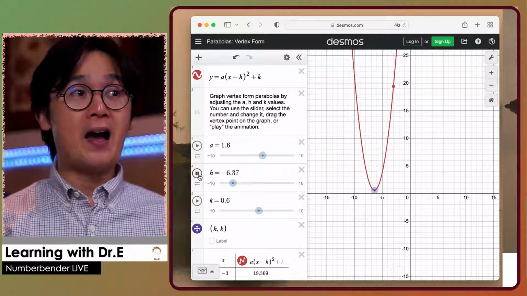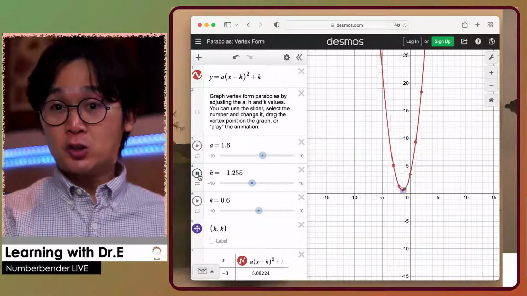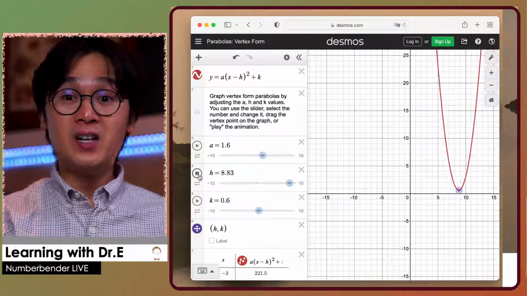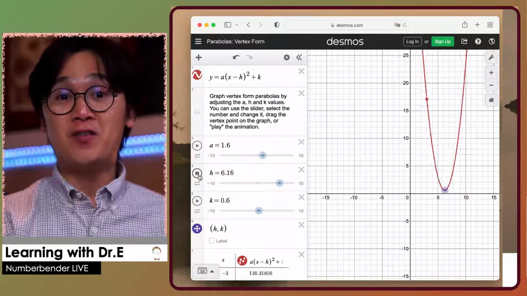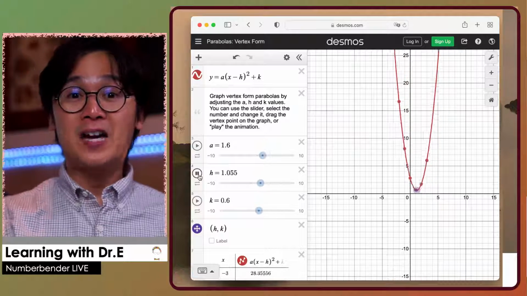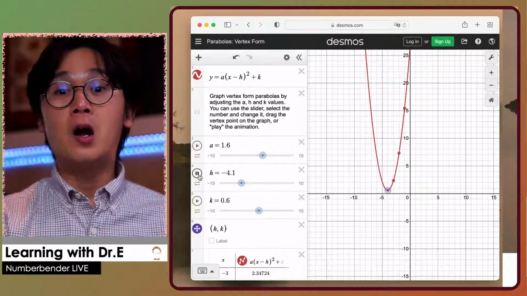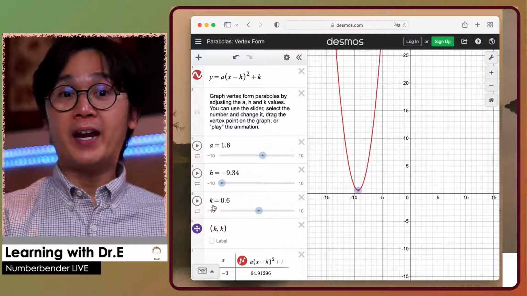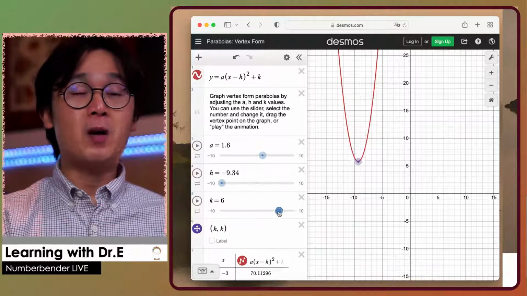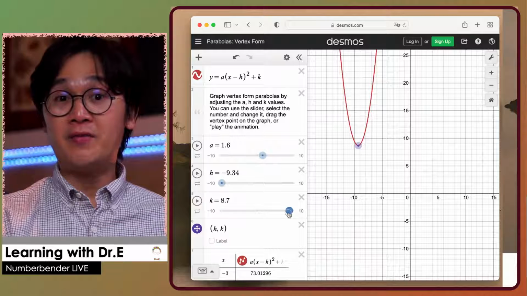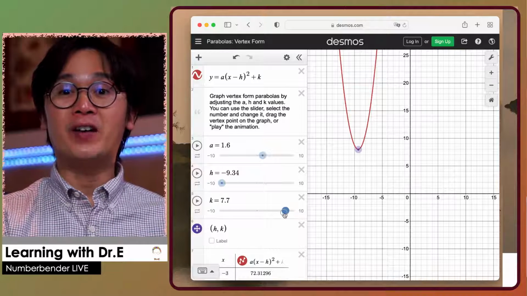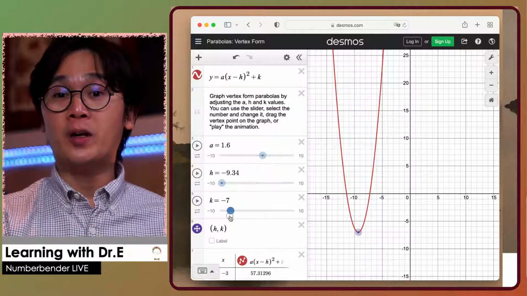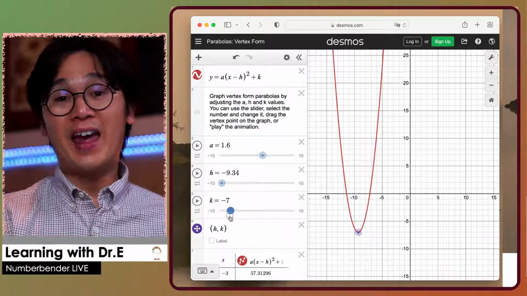So when we have our h going further and further away from zero, the parabola goes further away to the left or the right. And when we change our k, if we have a positive k, the vertex is going to go above the x-axis. And if we have a negative k, our vertex is going to fall below the x-axis.